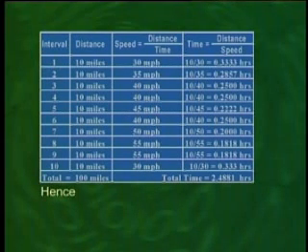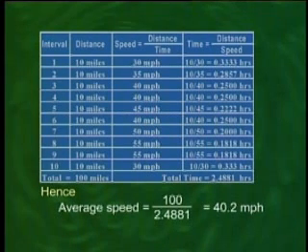And dividing the total distance of 100 miles by the total time taken, that is 2.4881 hours, the true average speed comes out to be 40.2 miles per hour, which is not the same as 42 miles per hour, the figure that we obtained when we found the arithmetic mean. So you saw that the arithmetic mean did not help us this time either.